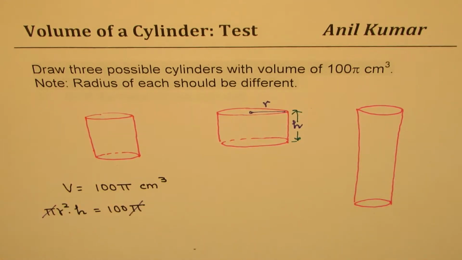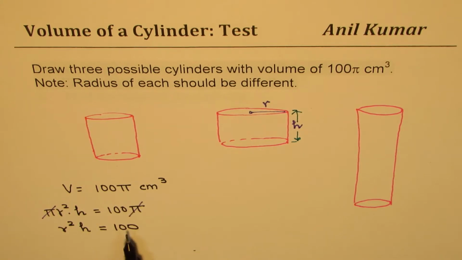So what you really get from this formula is that the product of radius square and height should be equal to 100. So product of radius square and height is 100, right? So you're looking for two numbers whose product is 100, correct?